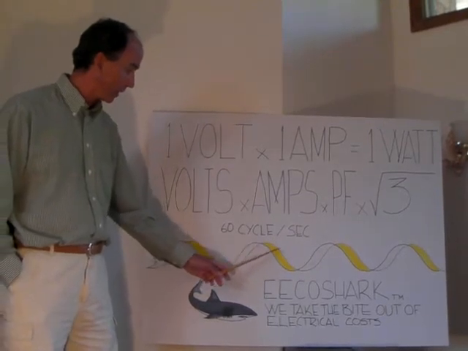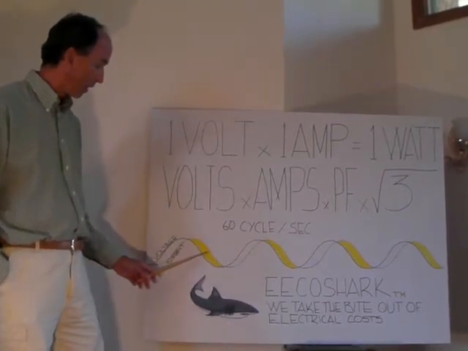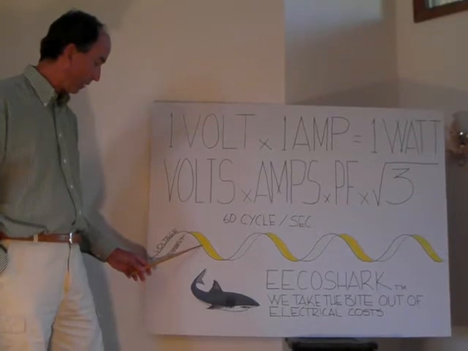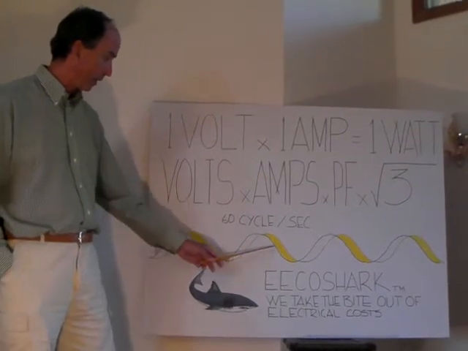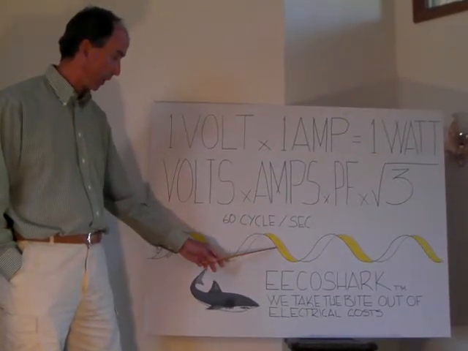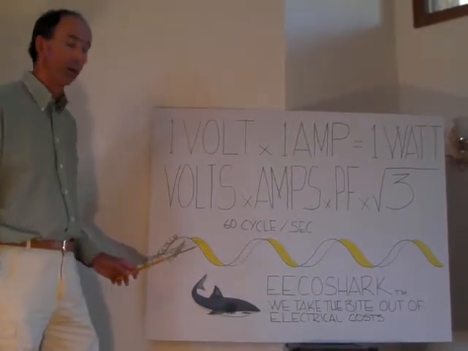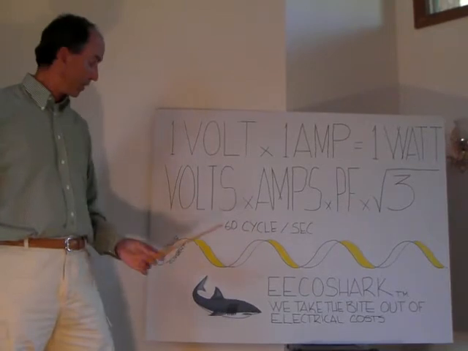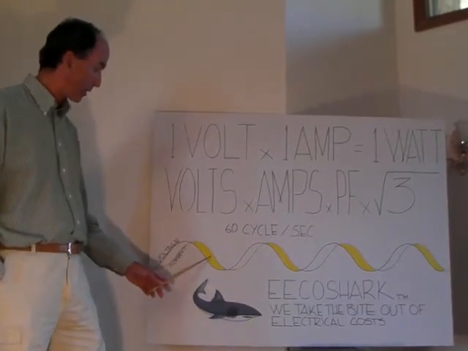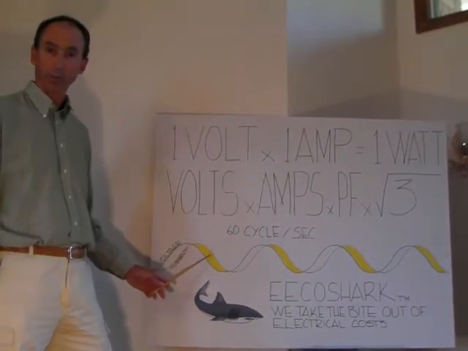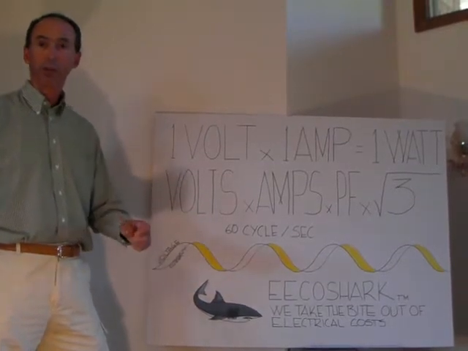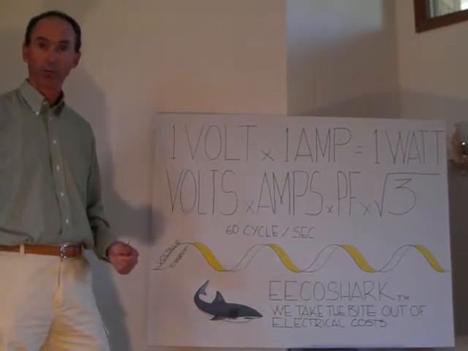Well, as you can see in these shaded areas here, there's a difference between the voltage and the current. In fact, we could say that the voltage is leading the current. This shaded area represents the power factor error expressed in kVAR on your power bill.